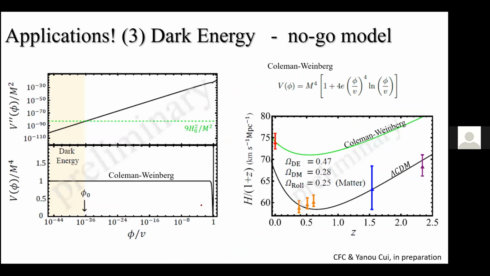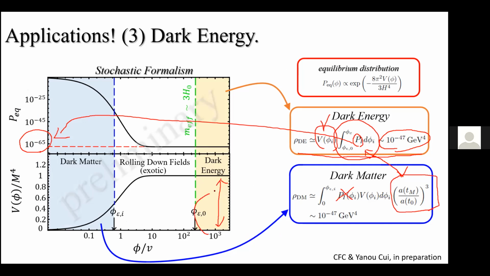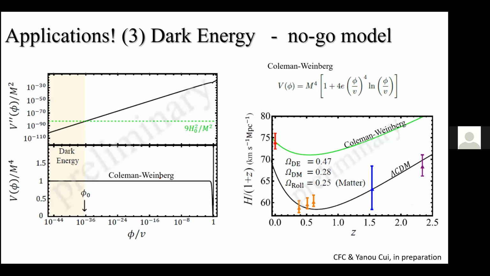As I mentioned before, I would like to talk about the rolling down field. In the previous case, the dark energy region is much larger than the rolling down field region, so we don't need to consider the rolling down field. But in some models, for example the Coleman-Weinberg model, the dark matter region is small, while the rolling down field is quite large. So we have to consider the energy budget of this rolling down field.